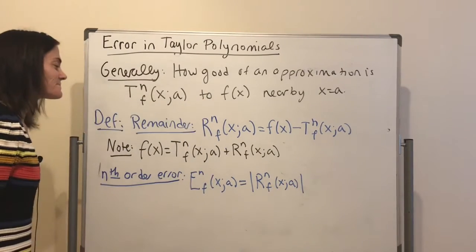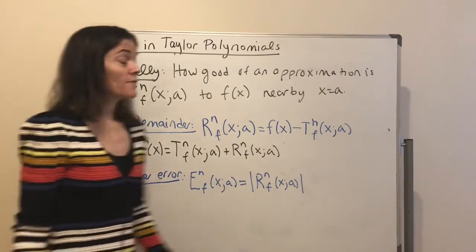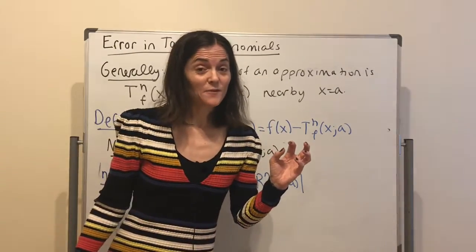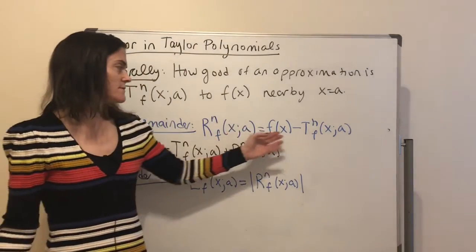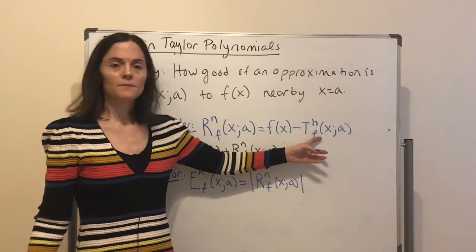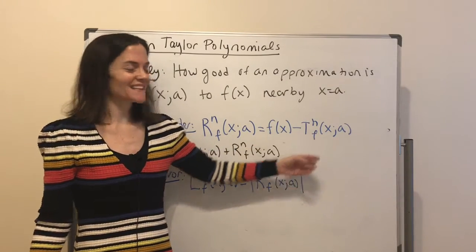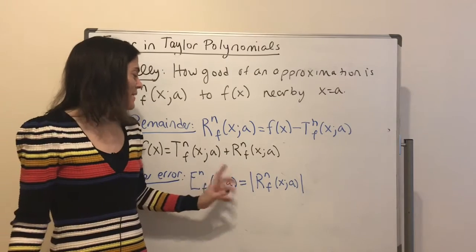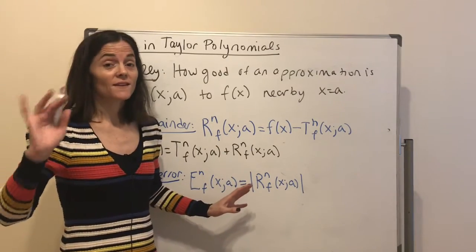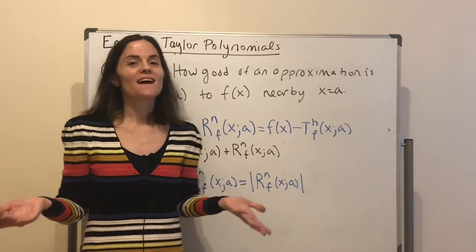Okay? So remainder may be positive or negative because this might be bigger than the function or less than the function. But the error is always non-negative because you're taking the absolute value of something.